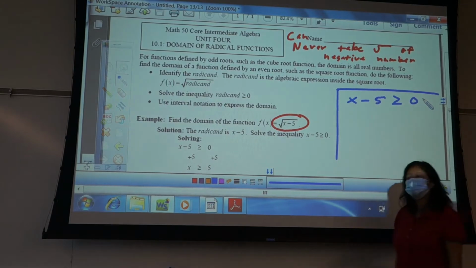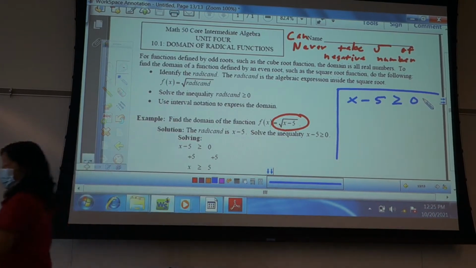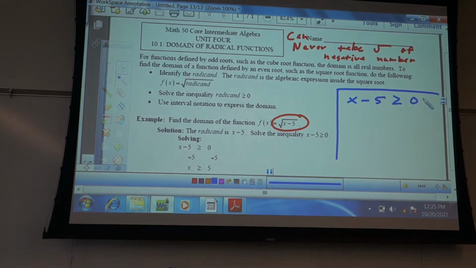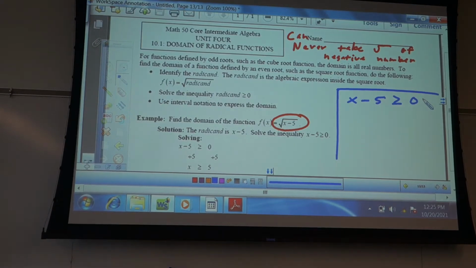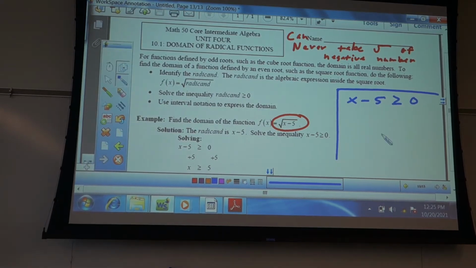Now what does that mean for x? How do I solve for x? You had minus 5, so add 5 to both sides. Everyone understand why I'm adding 5? Draw your little line straight down to keep things straight.